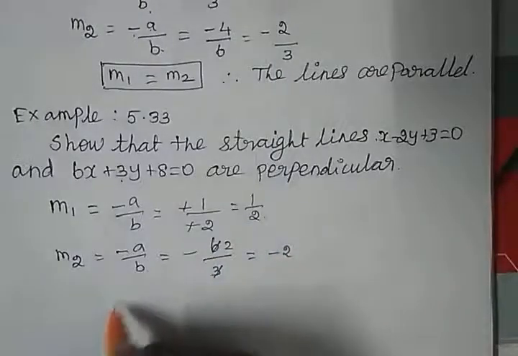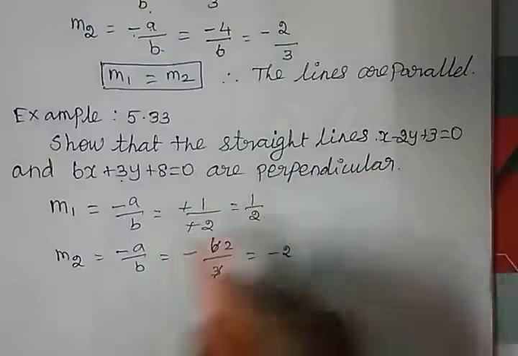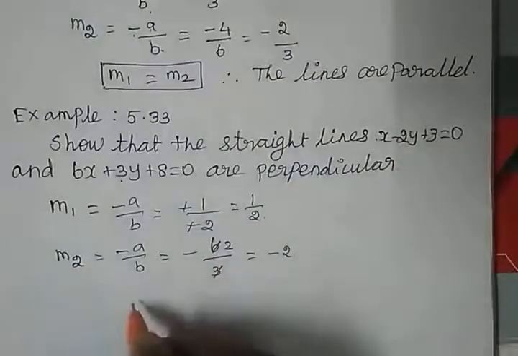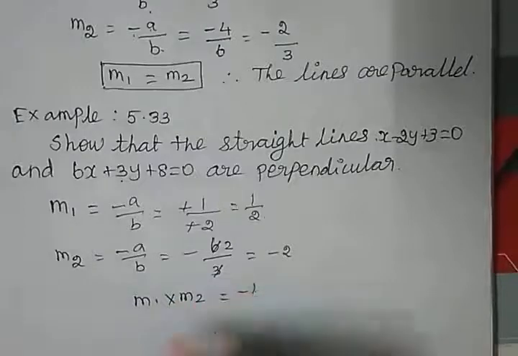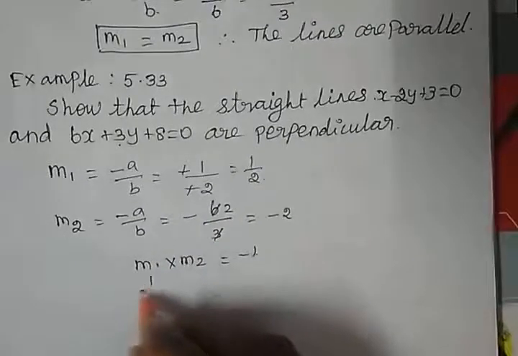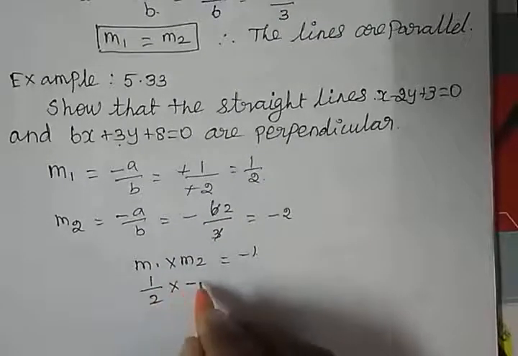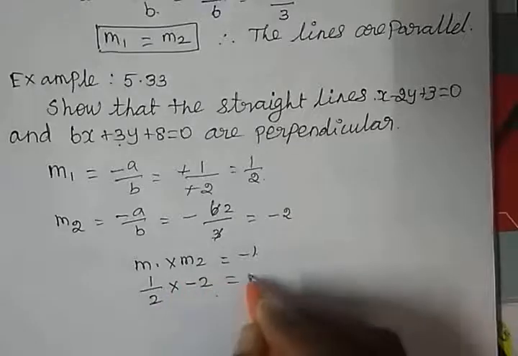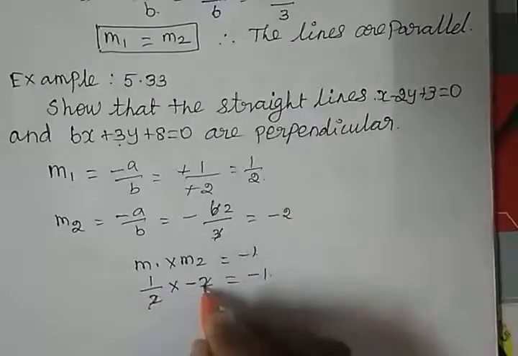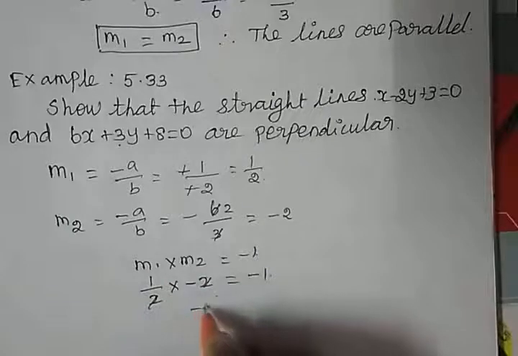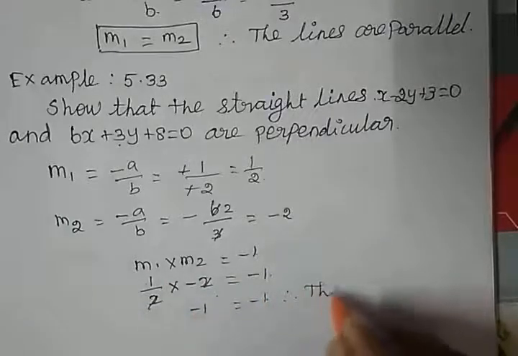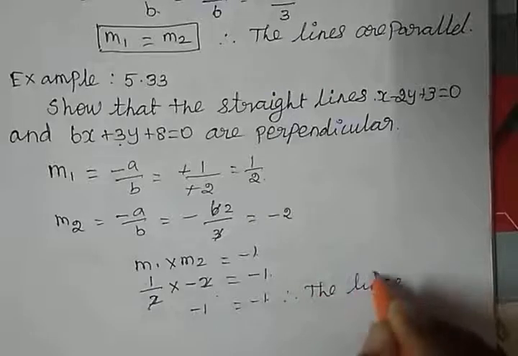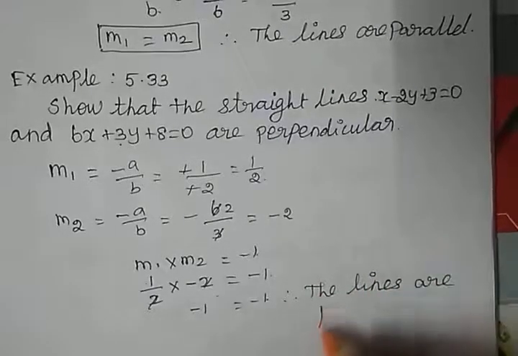So the two lines have slopes m1 and m2. m1 into m2 is equal to minus 1. The first line slope is 1 by 2 and the second line slope is minus 2. 1 by 2 into minus 2 is minus 1. So therefore the lines are perpendicular.